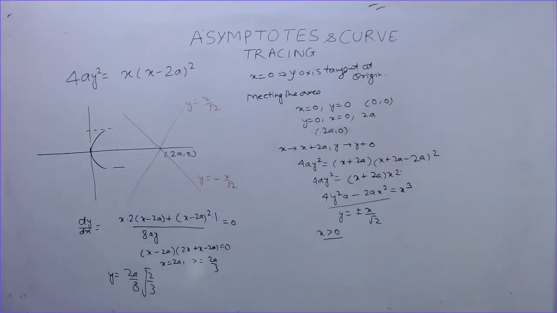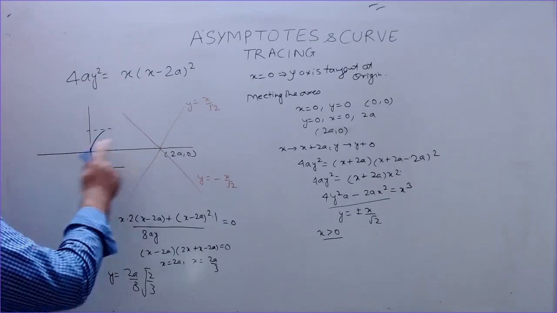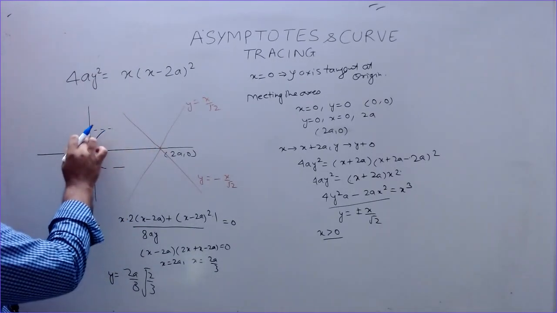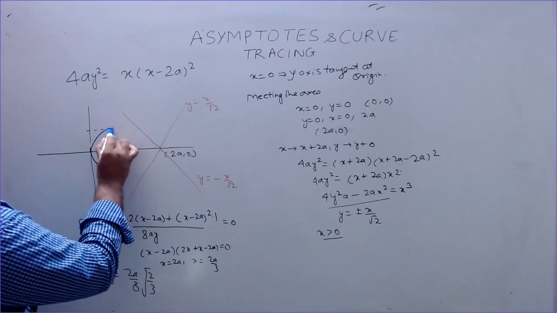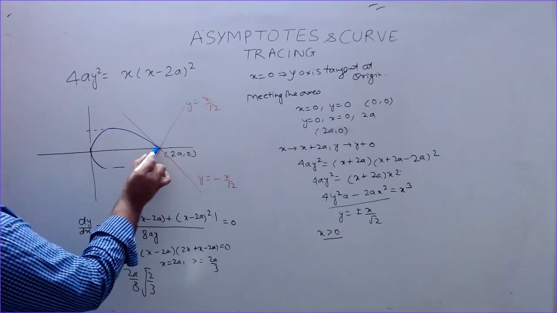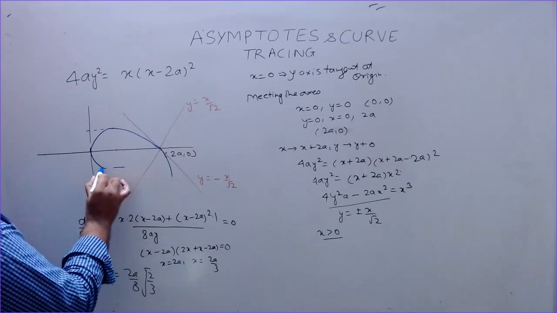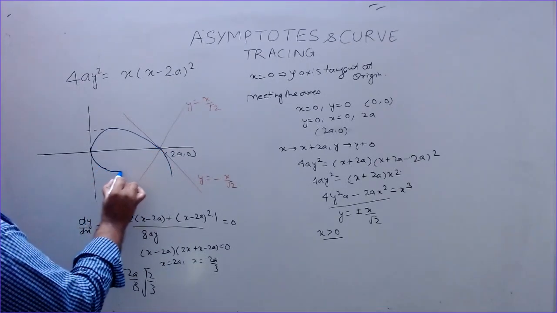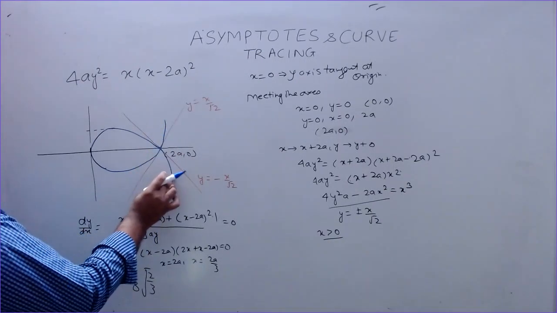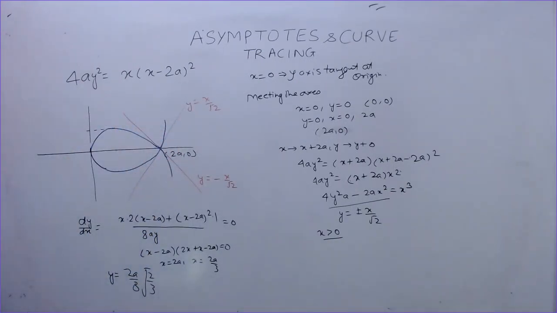So you can take different values of x between 0 and 2a, and then find different values of y and plot the curve. Here it passes through this point, touches, and the shape is like this. This branch and this branch are like this.